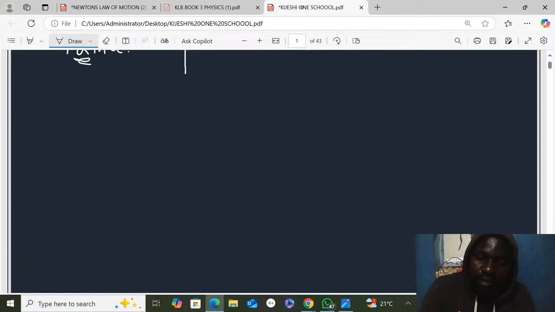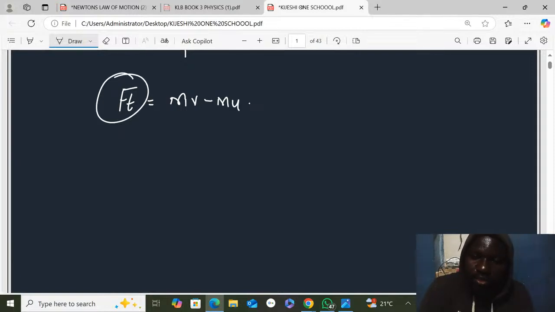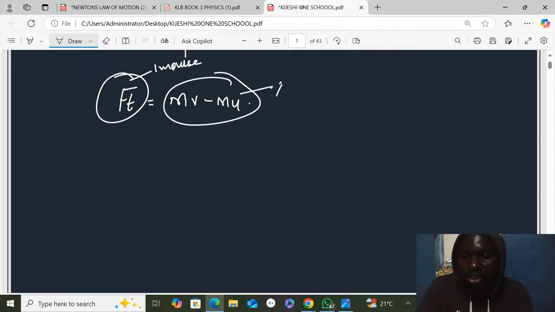You may ignore all these parts and have this one, where we had said that Ft is equal to change in momentum, mv minus mu. This one is standing for impulse, and this one is change in momentum.